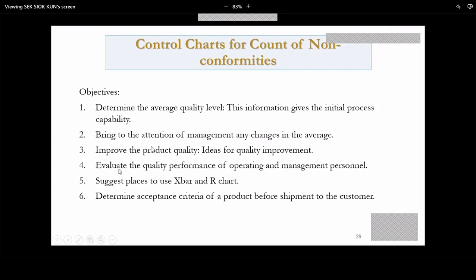Fourth, to evaluate the quality performance of operating and management personnel. Then suggest places to use X-bar and R charts, and determine acceptance criteria of a product before shipment to the customer. These are possible conditions where you may apply the control chart for count of non-conformities.